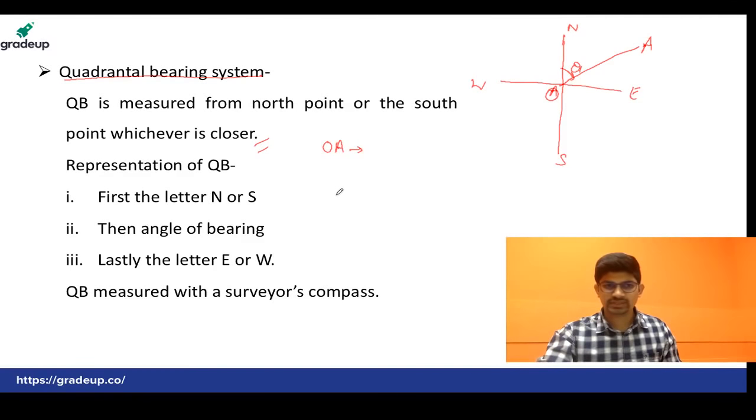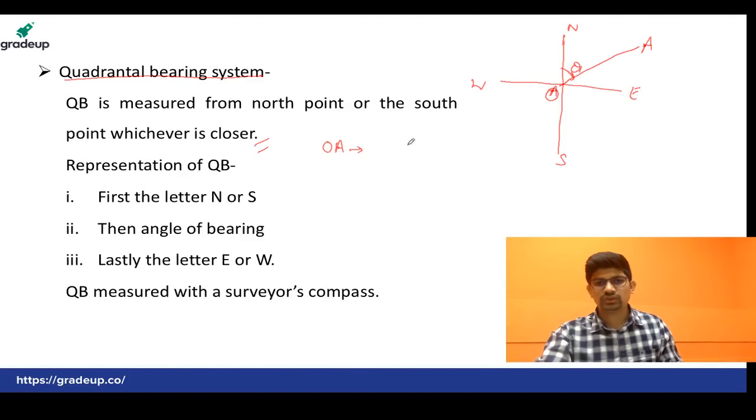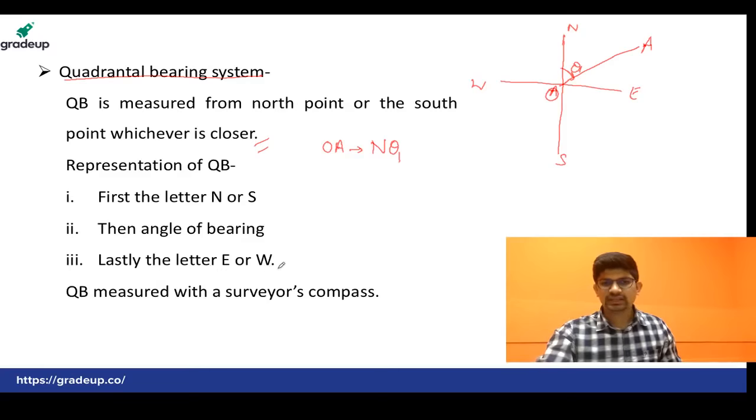First the letter north or south. Since it is closer to north, it will be north. Then the angle of bearing, theta 1, and lastly the letter east or west. This line is towards the east, so it is north theta 1 east. This is the representation.